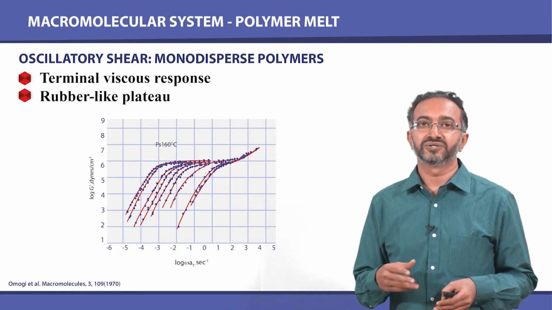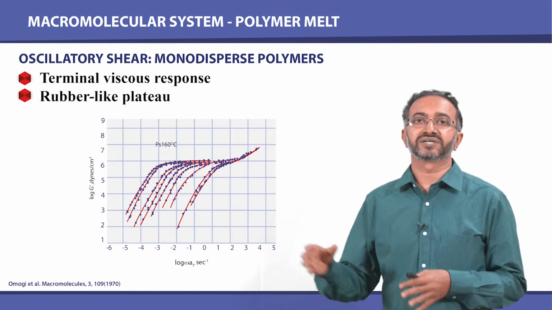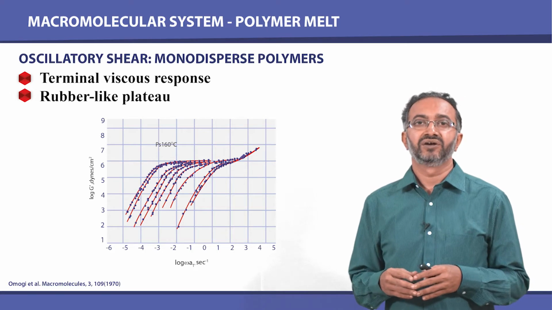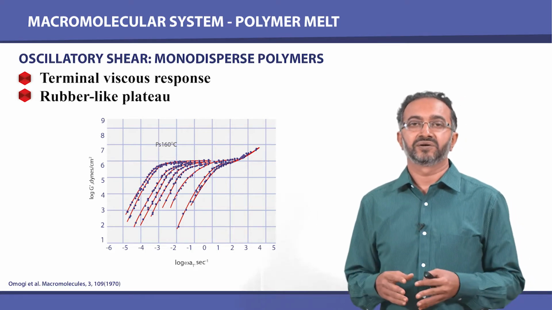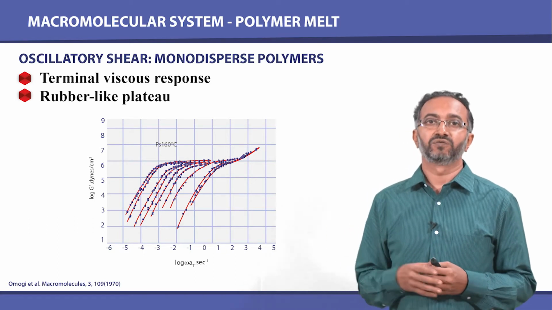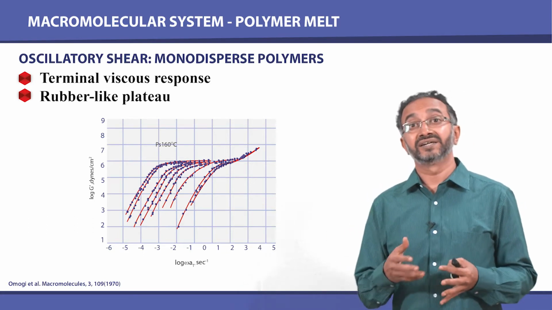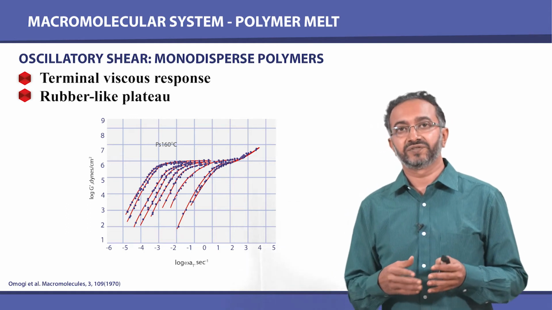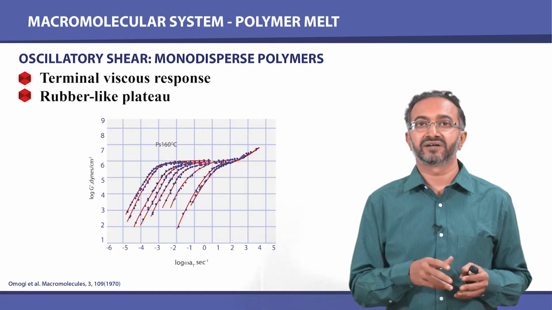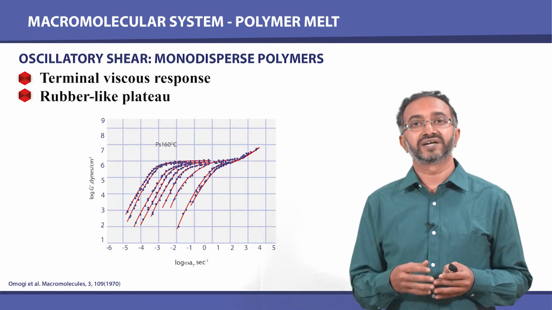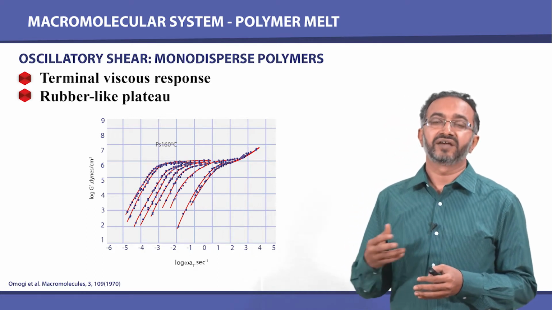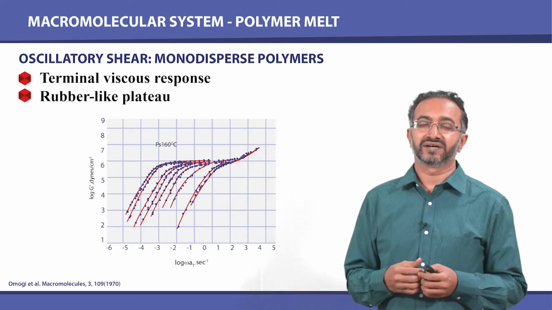Now, what we can also see is the fact that beyond a certain frequency, at a high enough frequency, all the curves in fact merge, and there is only one set of curves which can describe the overall behavior. And so, that again indicates that molecular weight of the polymer is important when we are examining the material at low frequency, but the molecular weight appears to be irrelevant as far as the high frequency behavior of these polymer melts are concerned.